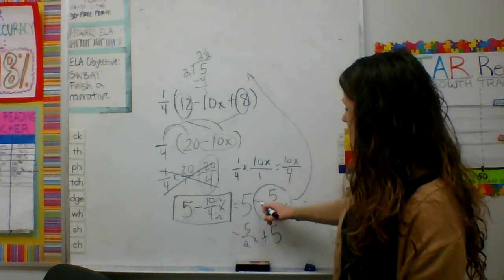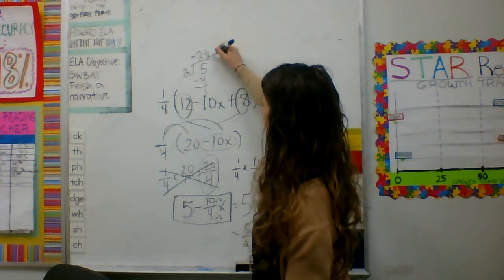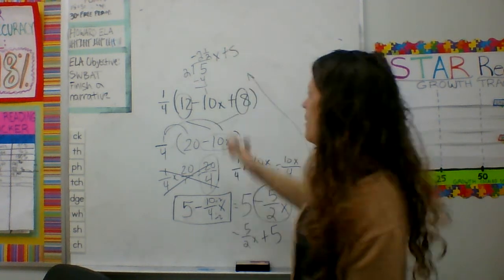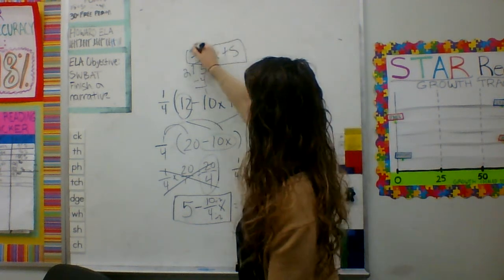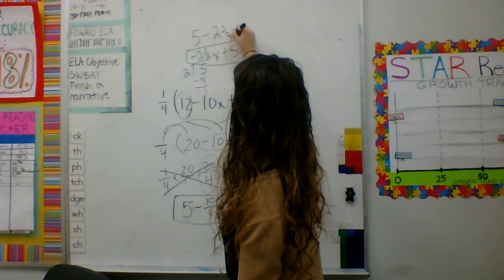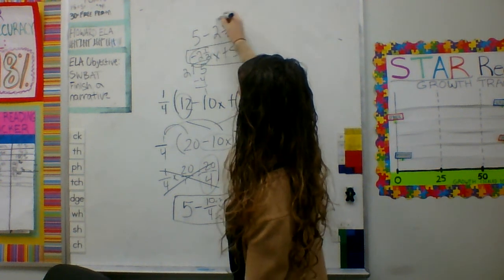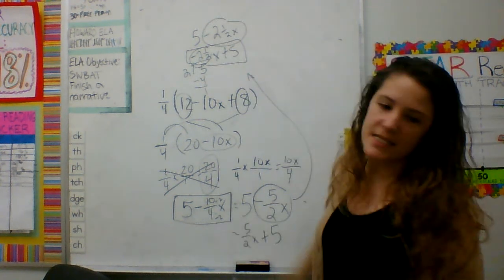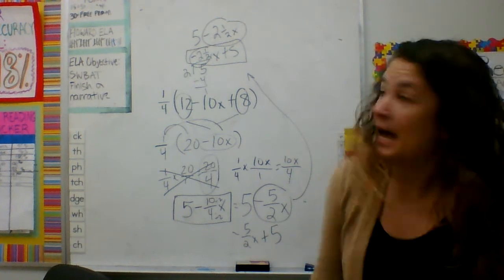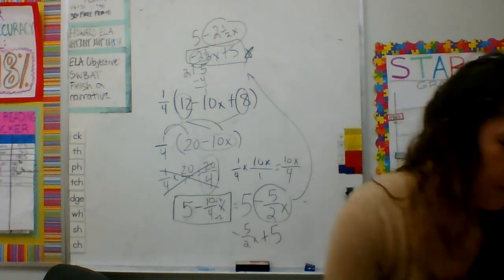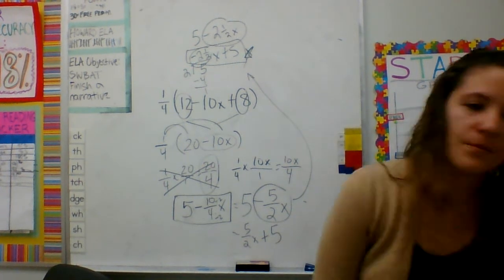And I know that this is negative, so it's going to be a negative 2.5x and a positive 5. So I know I'm looking for an answer that's negative 2.5x plus 5 or 5 minus 2.5x. Notice that my 2.5 is negative both times and my 5 is positive both times. I'm going to look and see if I see either of those. I see this first one, so I'm also going to pick D as an answer.